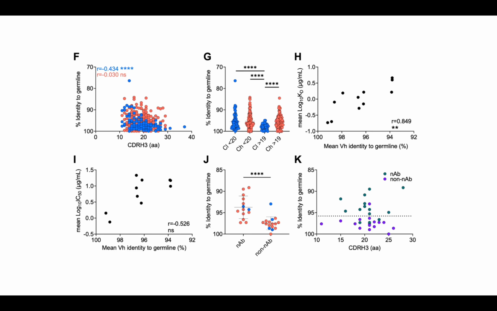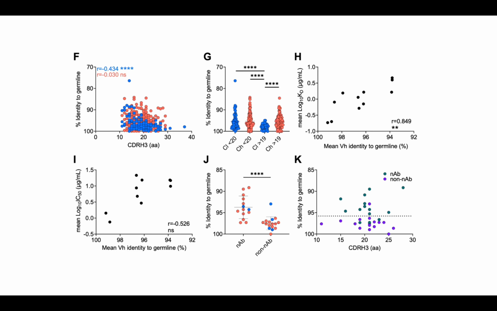In the case of chronics, the somatic hypermutation is higher, and when the clears length is less than 19, the somatic hypermutation is low as well. So this might be true, that somatic hypermutation is impacting the length of the CDR3 region. We further correlated this with the affinity as well.